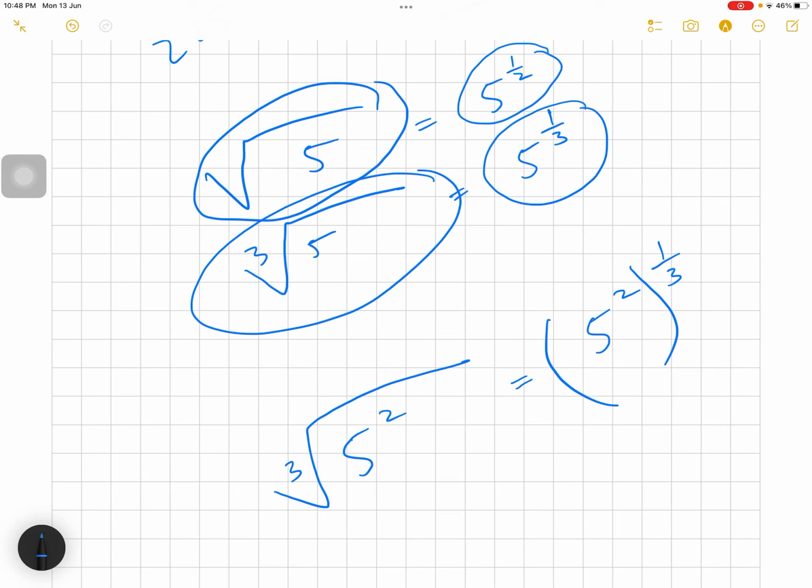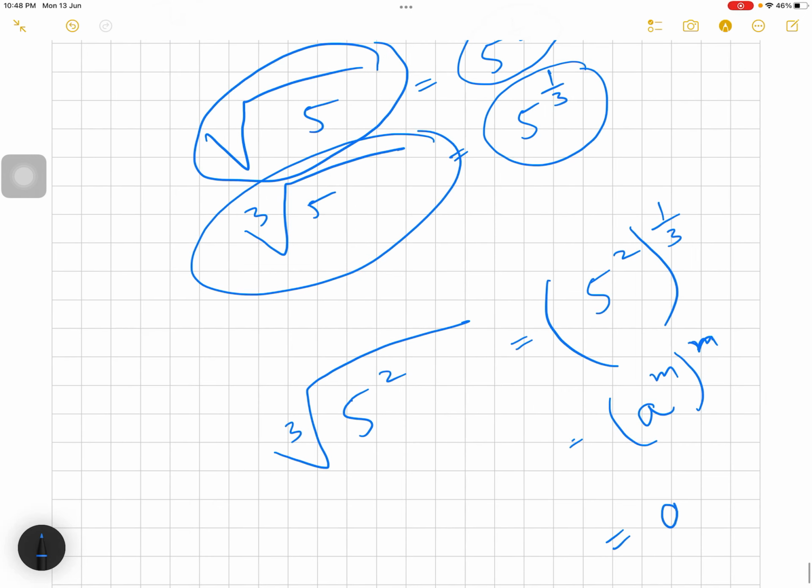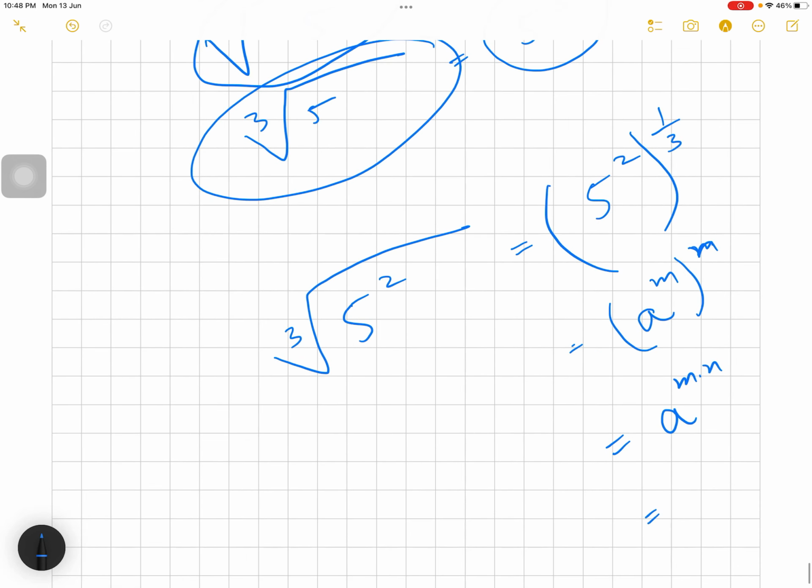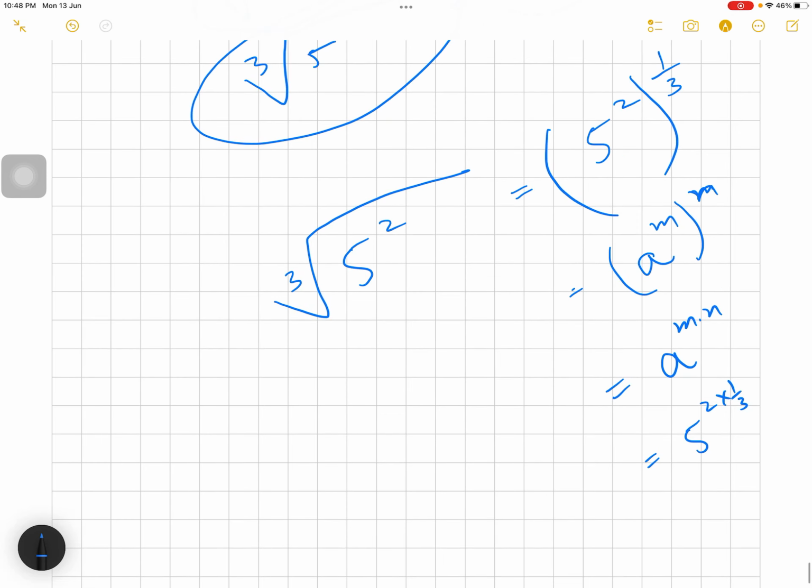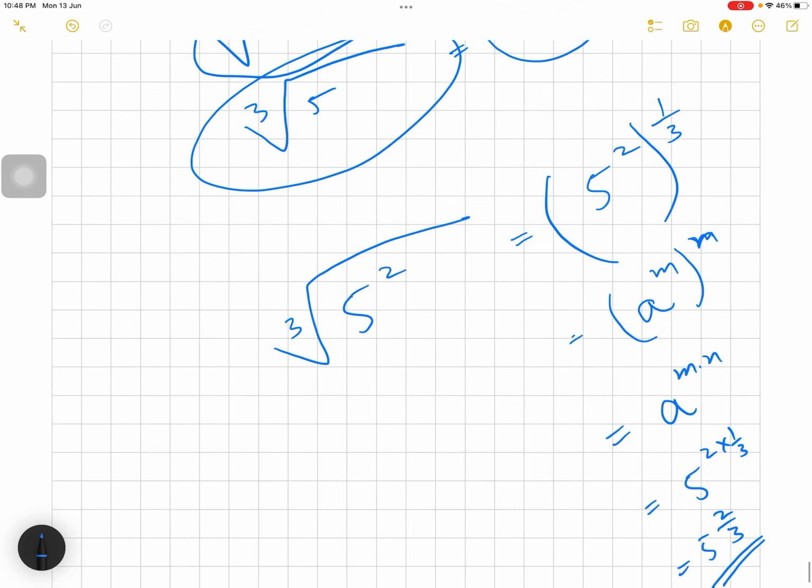So here this is A raised to m the whole raised to n, which can be written as A raised to m into n. So which can be written as 5 raised to 2 into 1 by 3. Correct? 2 into 1 is 2, so which is 5 raised to 2 by 3.